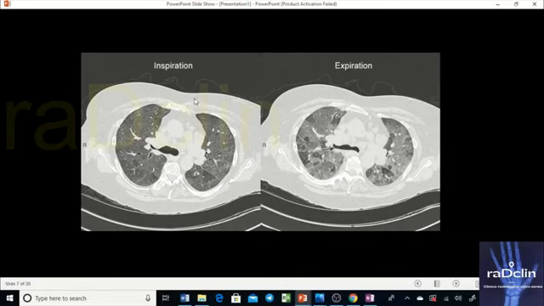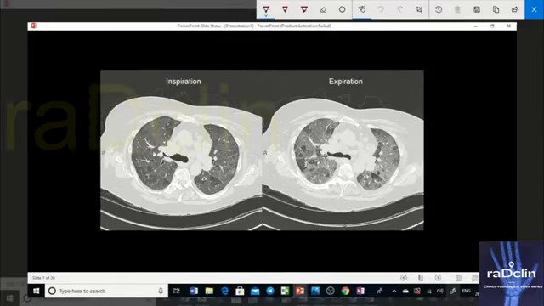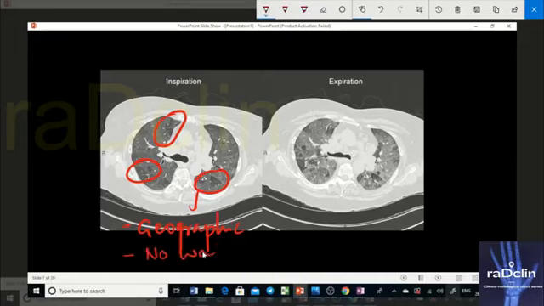If you look closely on inspiration, the typical scan that we obtain in HRCT, you can clearly see these small areas. What is the shape? Shape is typical geographic shape, and there is no wall that is discernible. So there is no wall.